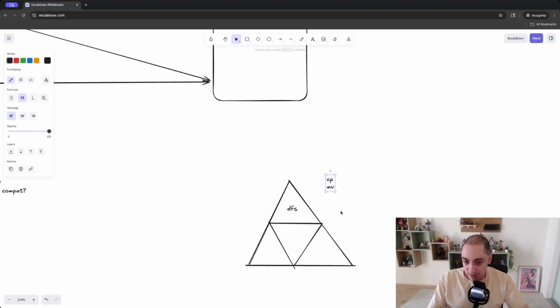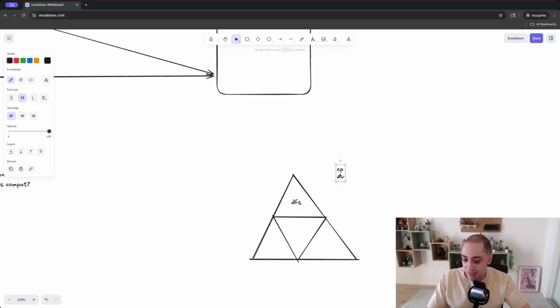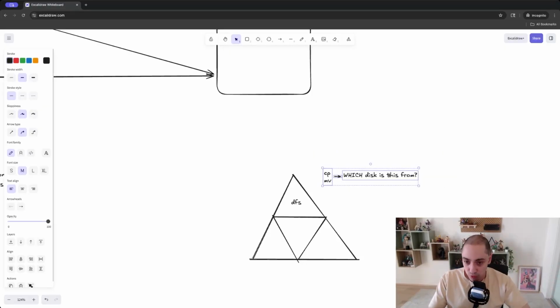What a distributed file system does is it basically was like, hey, what if we take a bunch of these cheap spinning disk style storage, we put them all together, we combine them together, and then when somebody does a copy or a move command, we'll actually be like, okay, which disk is this from, right? And then you take this concept and you scale it up to a mega mammoth concept, and that's kind of what a distributed file system is.